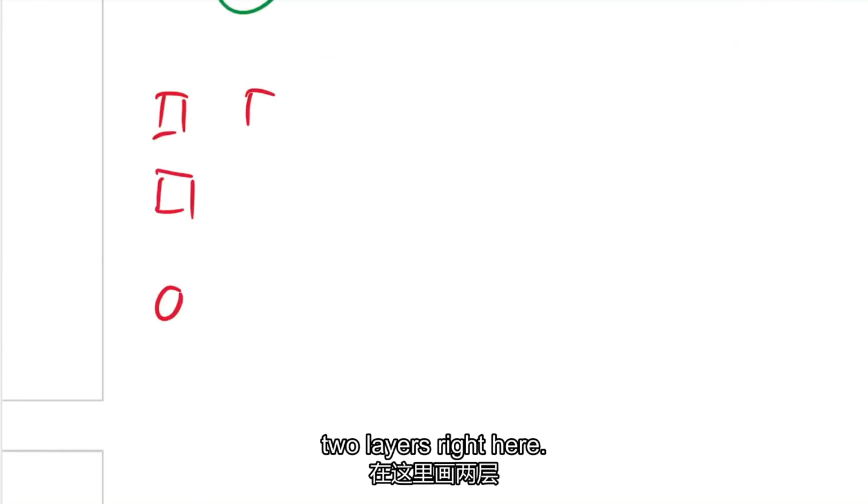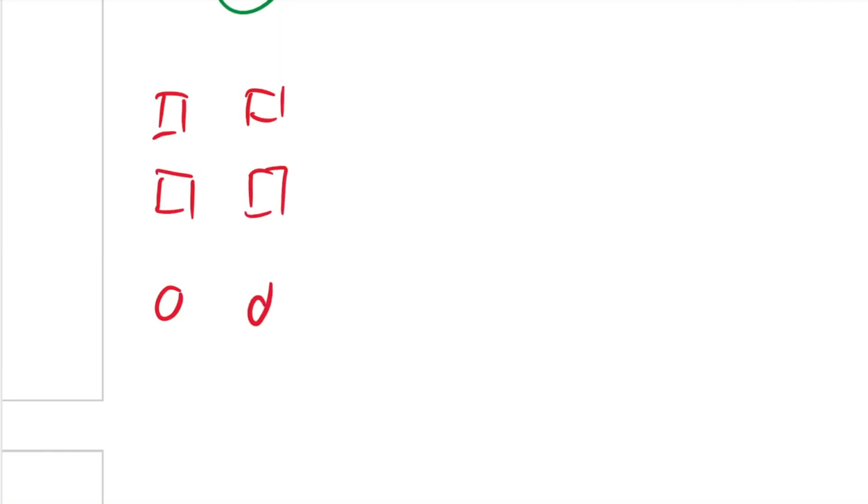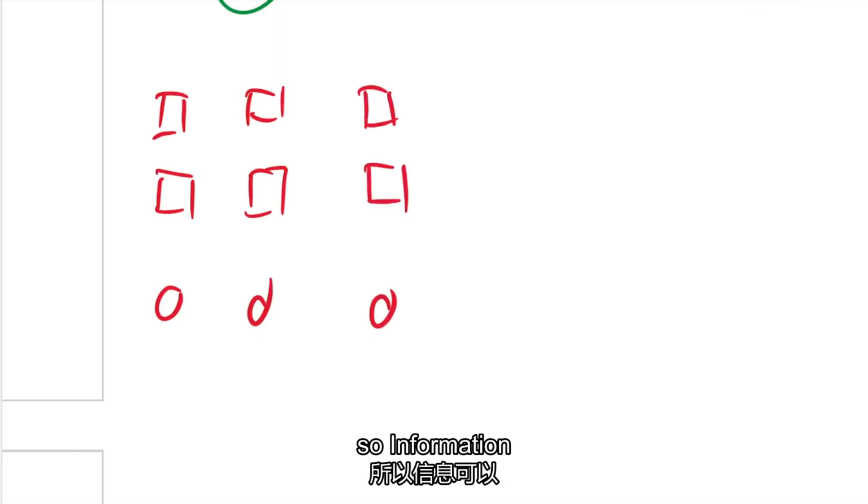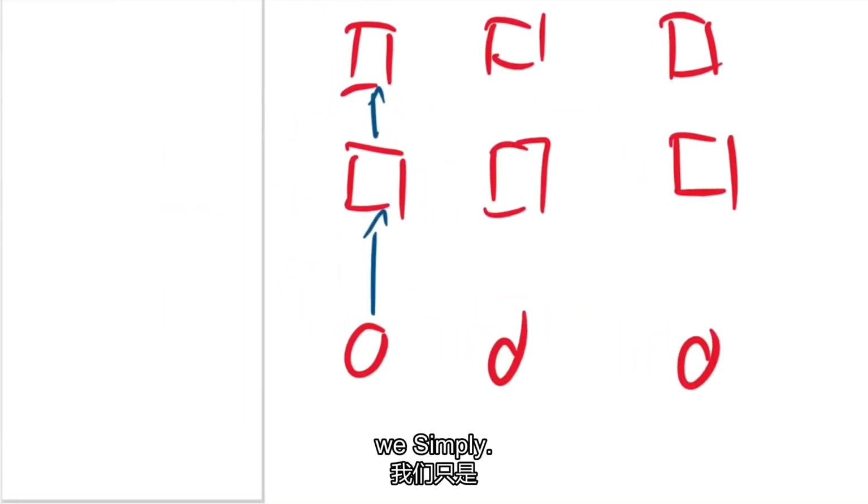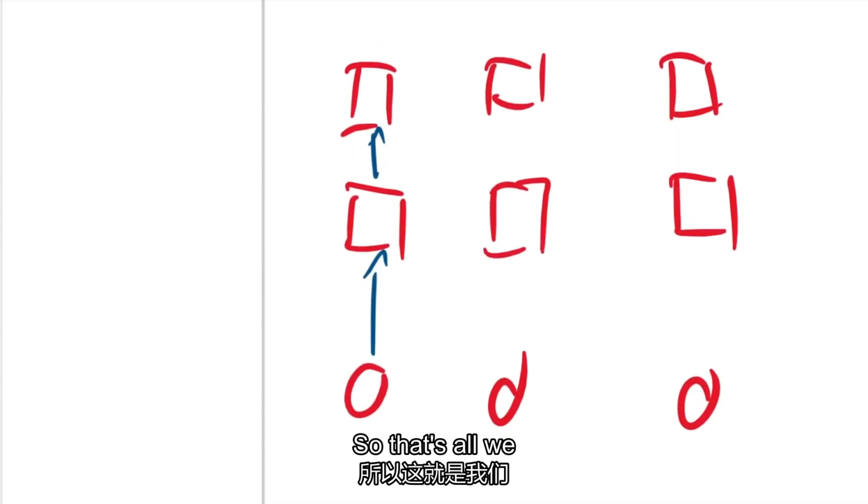Let's actually look at their diagram. It's still confusing because we need to introduce this memory. I'm just going to draw two layers right here. So information can flow like this, and the first step is the same, right? We have nothing here to look at, so we can only draw information from the left. That's all we can do.